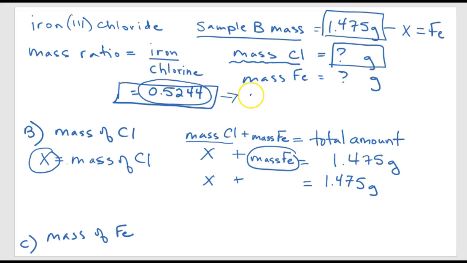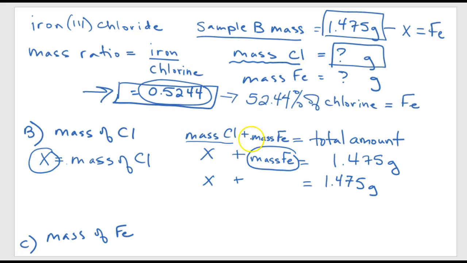That's what that decimal means. If I multiply it by 100, whenever you multiply a decimal by 100, you can change it into a percent. So 52.44% of chlorine is going to equal the mass of my iron. That's what mass ratio represents.